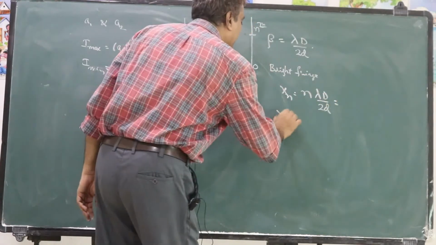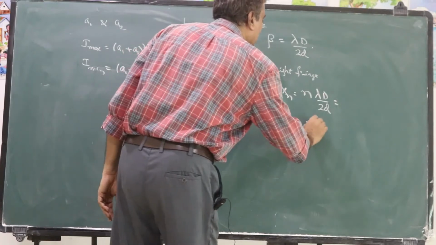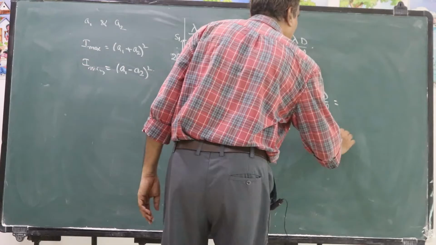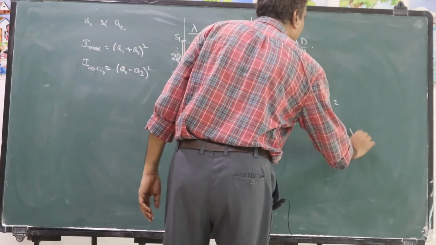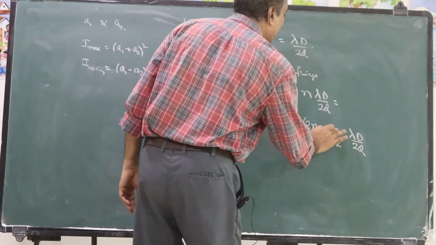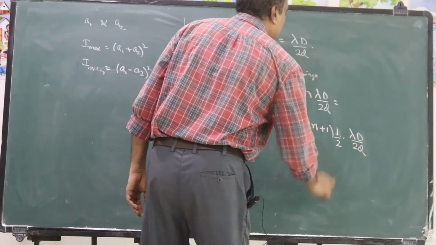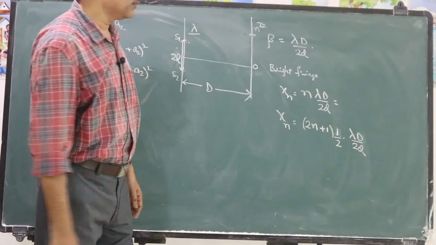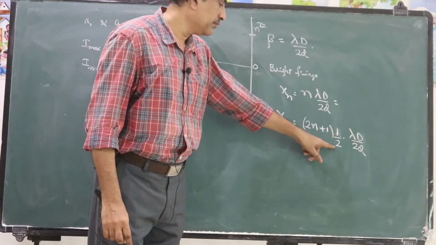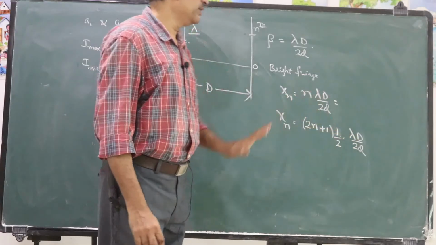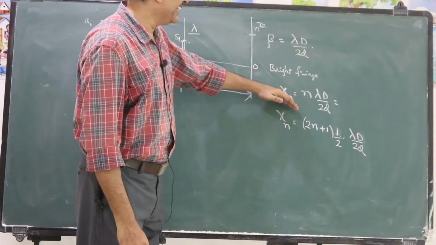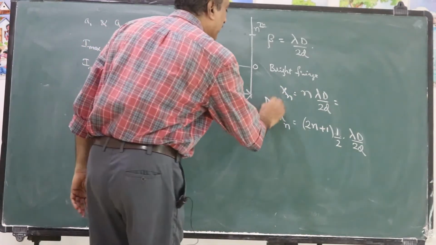For dark fringe xn is equal to (2n plus 1) into 1 by 2 into lambda D by 2d. Okay, and this is the position of nth bright fringe, and this is the position of nth dark fringe.